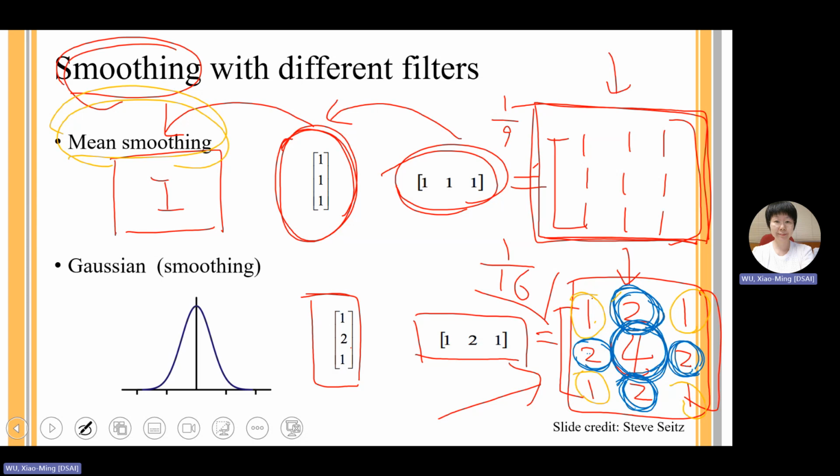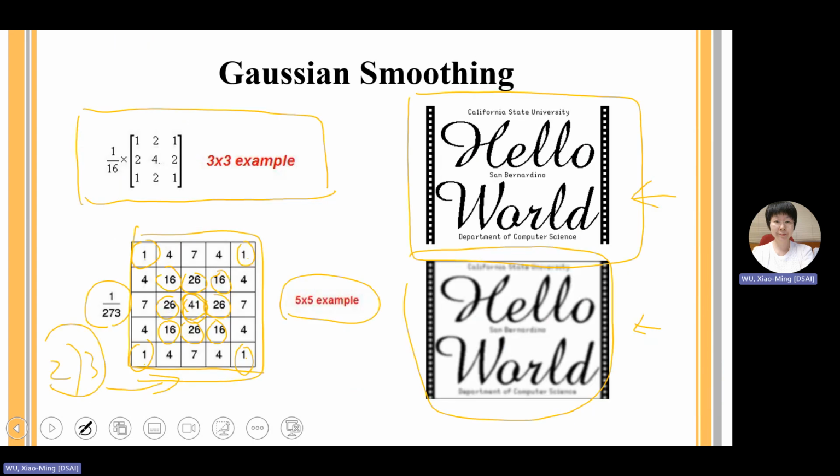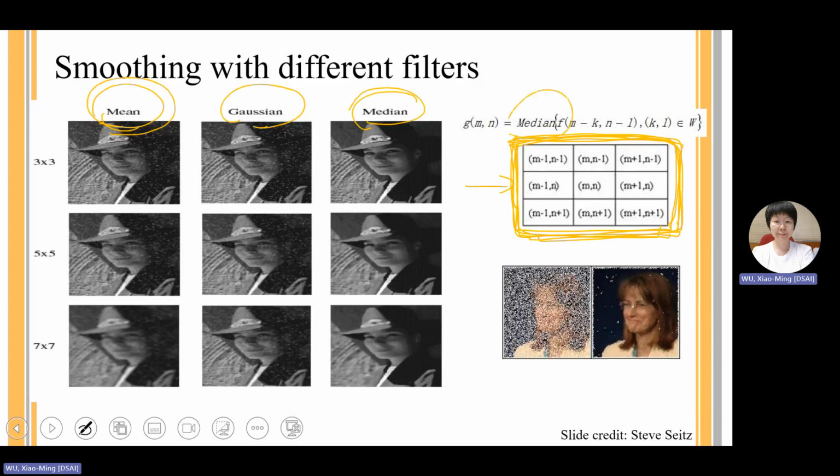Sharpening filters are also linear. For filters that can be represented in the form of matrices, they are all linear filters. So mean filters are linear. Gaussian filters are also linear. What about the median filter? Is it linear or not?